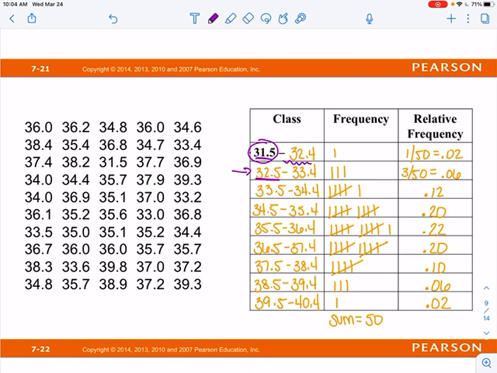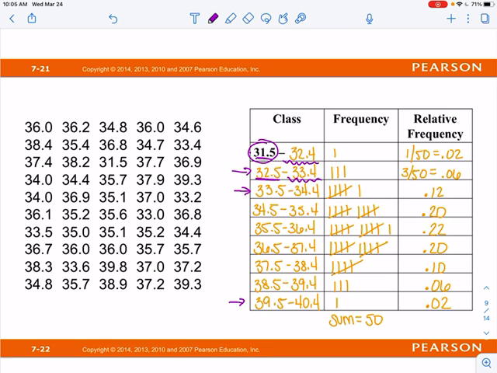Then I went back up to here and subtracted a tenth from that to get 32.4. If you add 1 to 32.5, you get 33.5, which means this class has to end 1/10 below that, so 33.4. That's how I went up each successive class until I got to my last class. So there's all my classes.